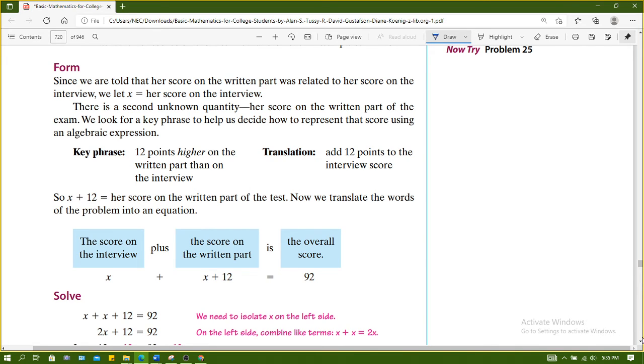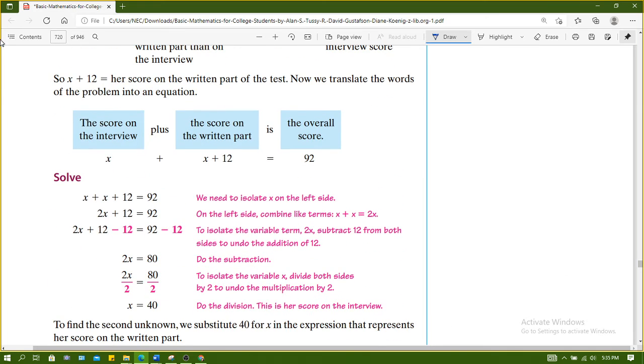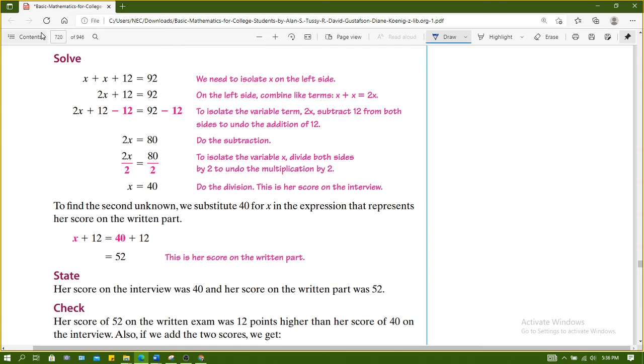Now we can translate the problem into mathematical equation using the words in the problem. So the score on the interview is X plus the score on the written part is X plus 12 is the overall score. X plus 12 equals 92. So combine like terms, you have 2x plus 12 equals 92.